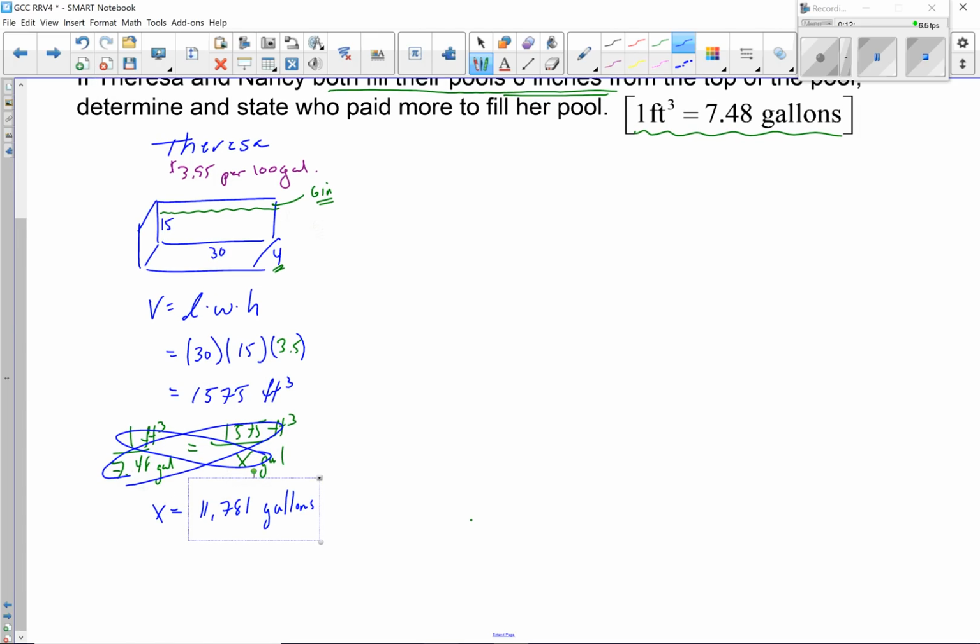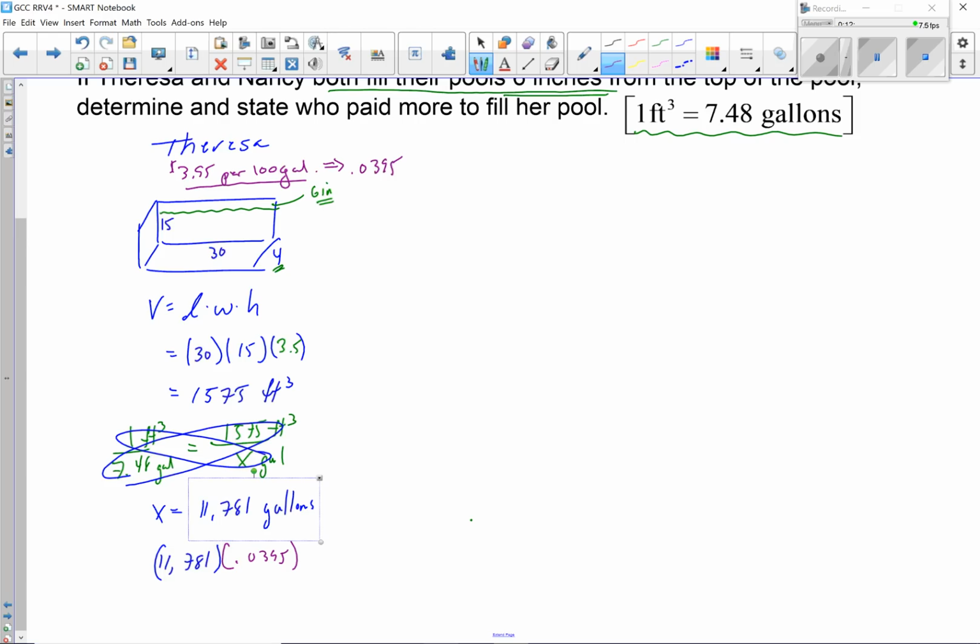To find the cost, we can now go back to our rate of $3.95 per 100. I'm going to convert that as well, to how much it would be for just 1 gallon, which is 0.0395. Now I take 11,781 gallons and multiply it by the rate, 0.0395.